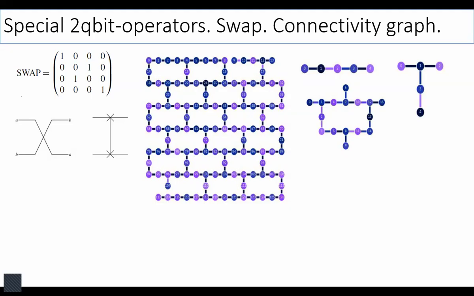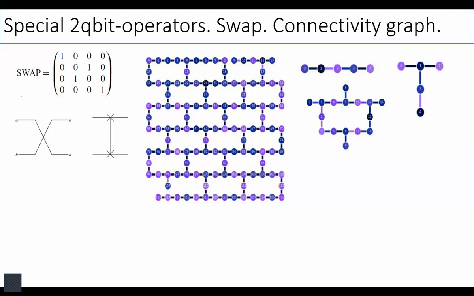But assume that you are a software developer. You don't want to bother yourself with knowing this graph, and moreover, it changes with every new release. But you still might want to have a CNOT between 77 and 45. What do you do?